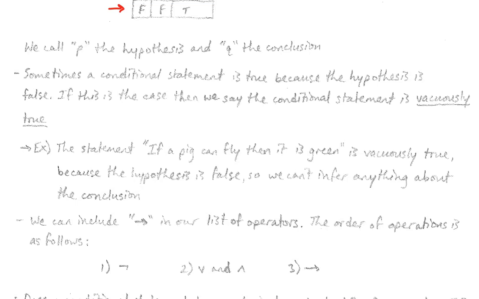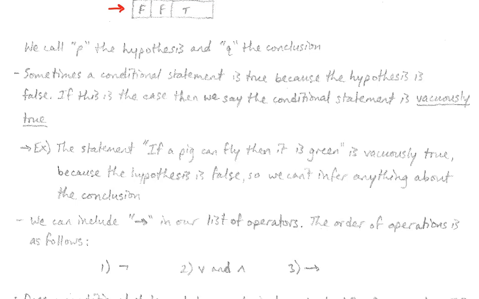Where does this fit into the order of operations of our logical operators, for lack of a nicer and shorter phrase? The negation still takes place first. If we have nots, you're going to do those first. Then next are your conjunctions and or your disjunctions.